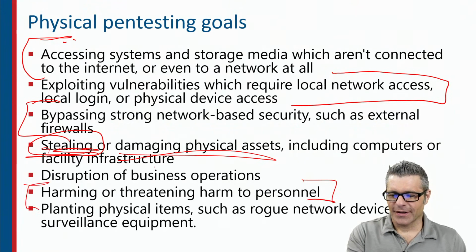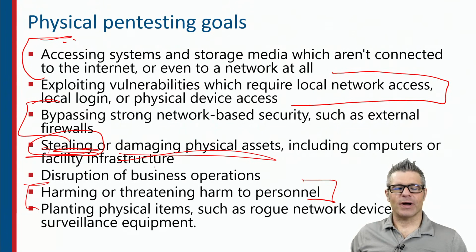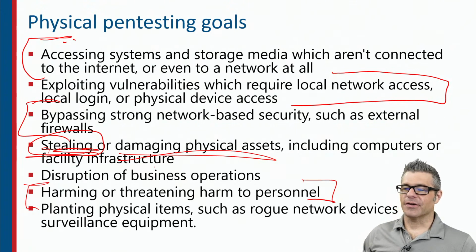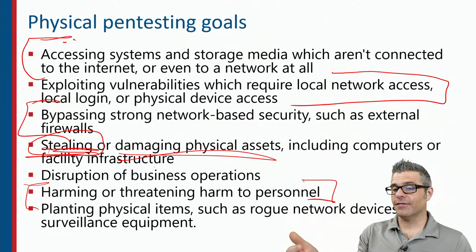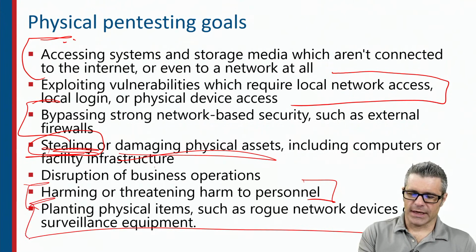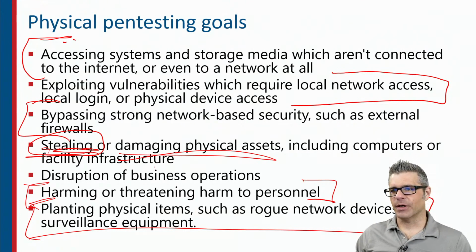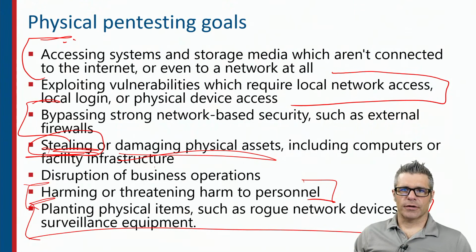Never ever heard of a pen test where the pen testers were allowed to threaten or harm personnel, but it is a thing that you're defending against, so you will know if somebody can threaten or harm your personnel. And then this is probably the most common thing that happens in a physical penetration test: somebody plants a rogue network device or a keyboard logger simulator, or any of those kinds of things.